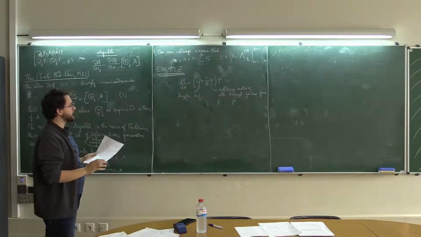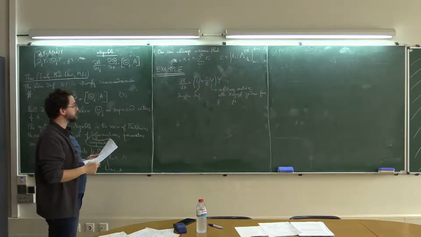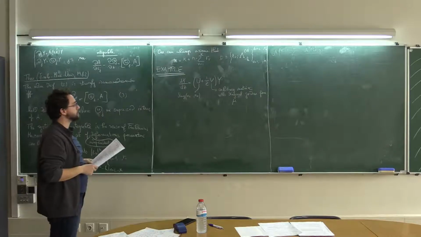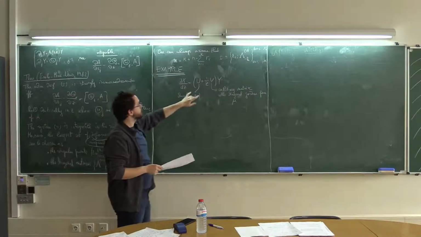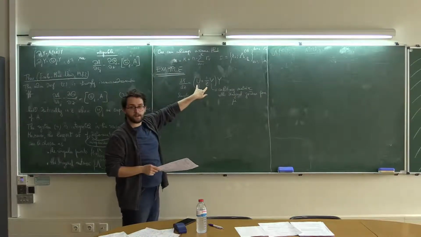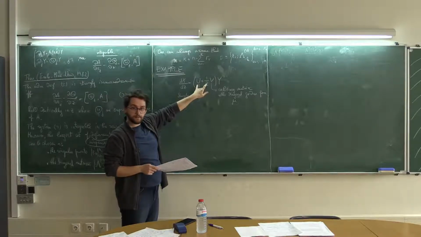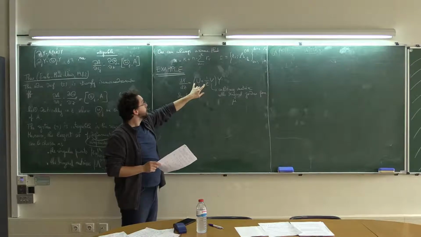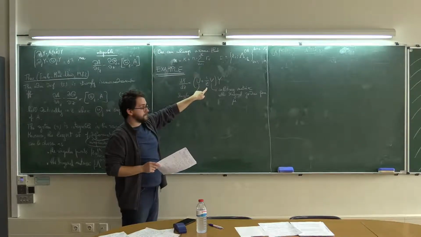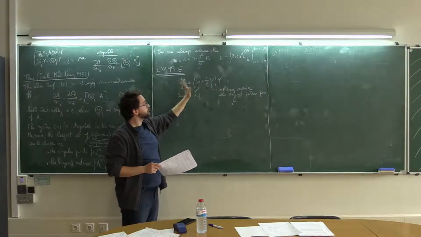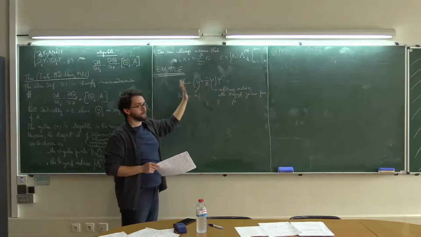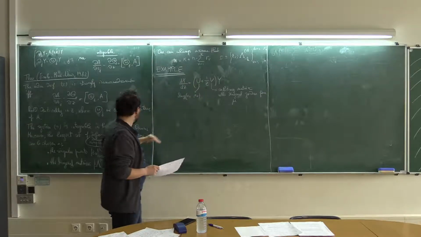So we want to study isomonodromic deformation of an equation of this kind. We have only two singularities, one at 0 and another one at infinity. At 0 we have a Fuchsian singularity, at infinity an irregular one. And we want to study the isomonodromic deformations of this.